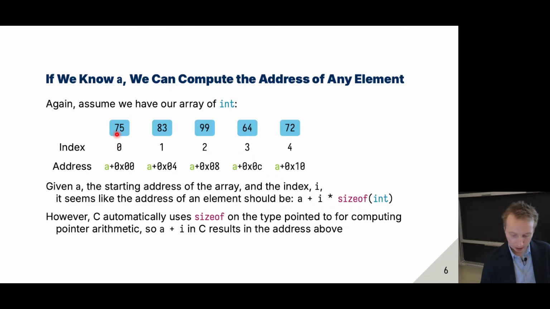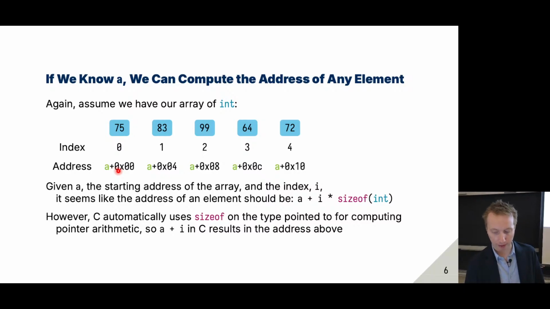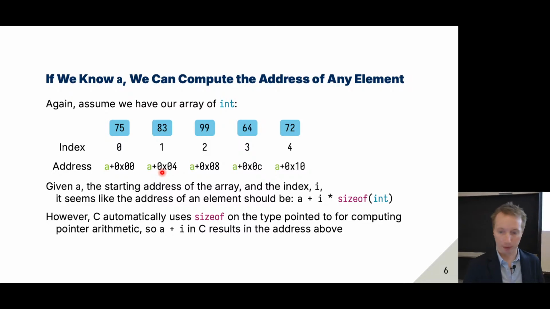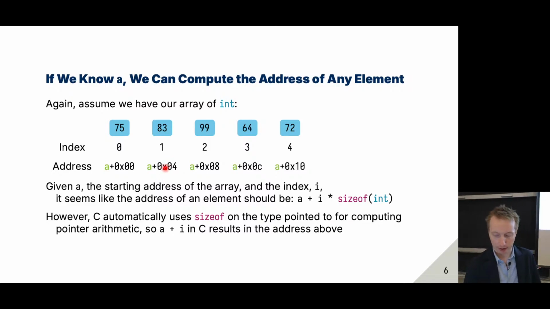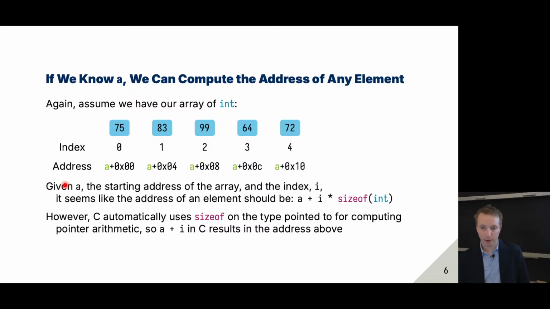At index 0, our first int, that would be starting at where the array starts. And then the next value that is an int would be 4 bytes after that. And in this case, it's 83. And then we'd have another one 4 bytes after that, and then 4 bytes after that, and then 4 bytes after that. So you can kind of see a formula here.